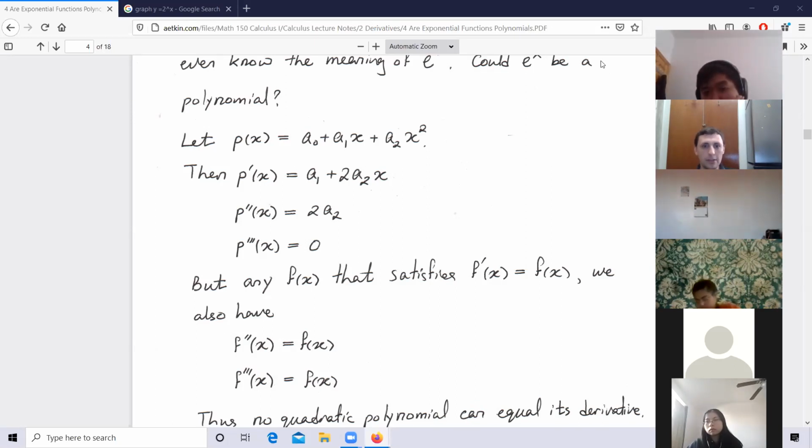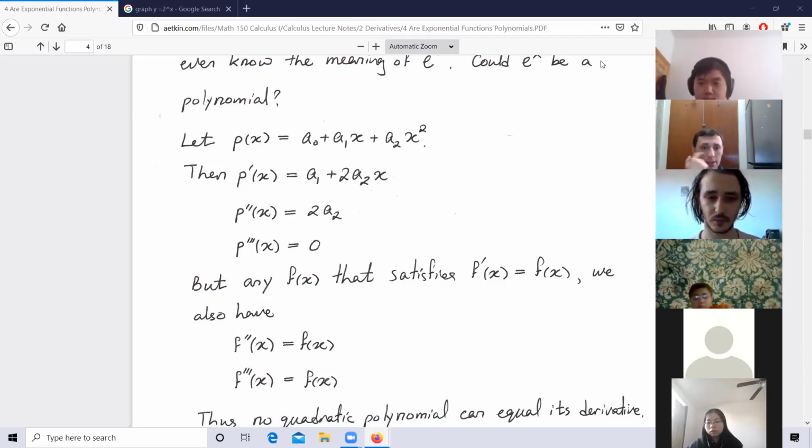At the end, we have derivative equal to 0. What's the end? If you take the derivative of degree 3, it becomes degree 2. Notice, each power drops. The derivative of that becomes degree 1. The derivative of that becomes constant. The derivative of that is 0. After 4 derivatives, a cubic disappears to 0.